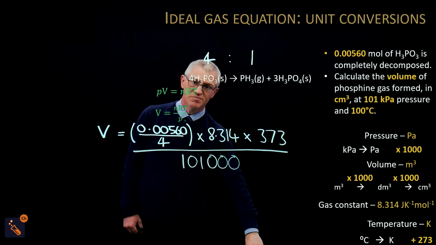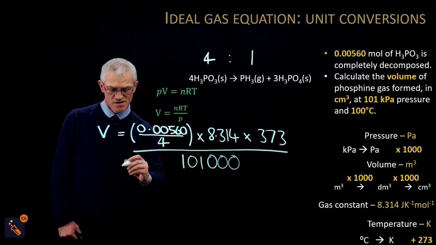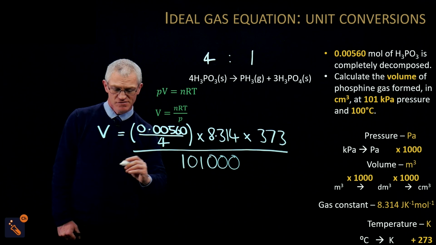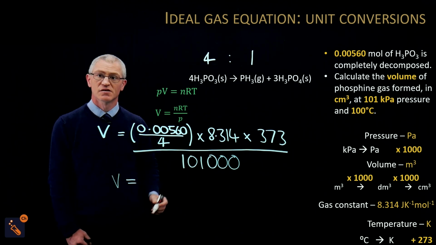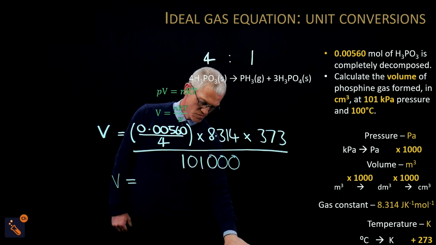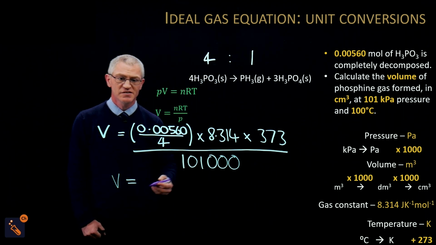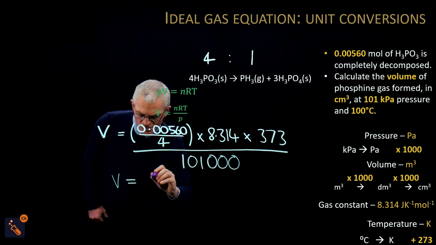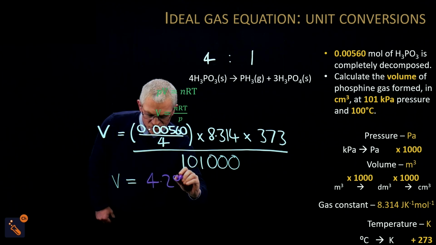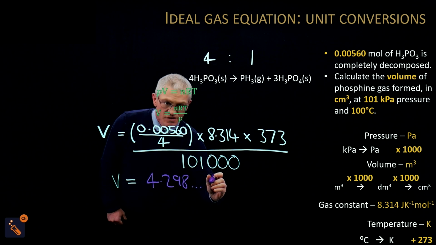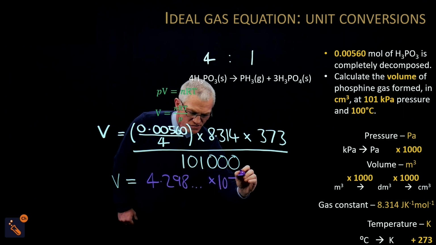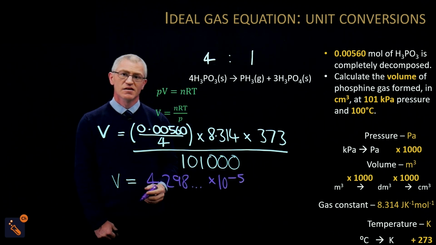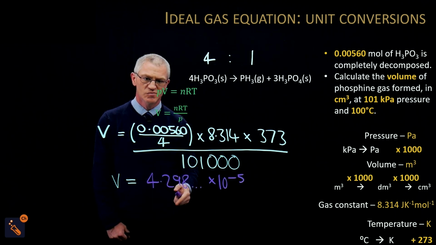So if that is in pascals, and we put that through our calculator, we'll find out that V is going to be equal to 4.298 times 10 to the minus 5. Okay, and that's 4.298 times 10 to the minus 5.